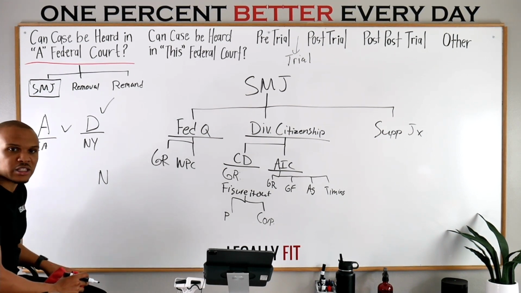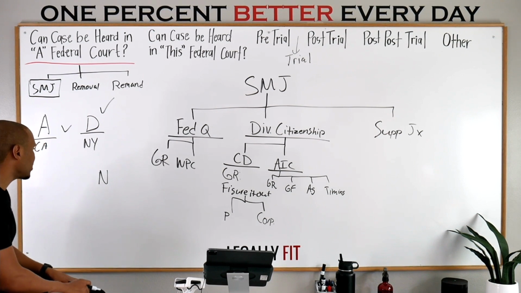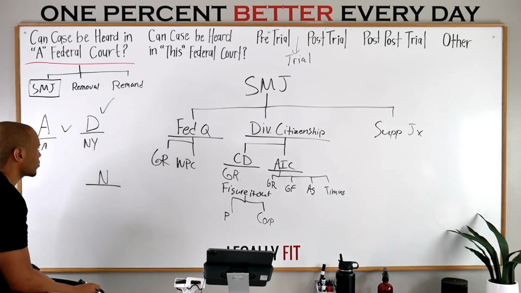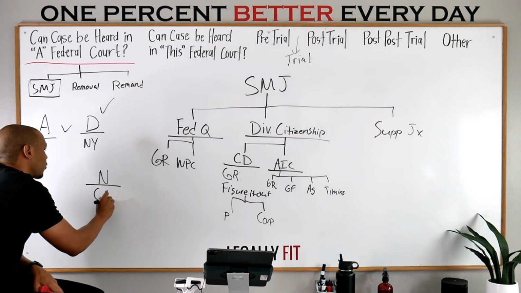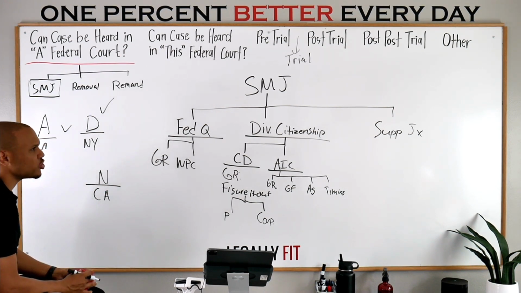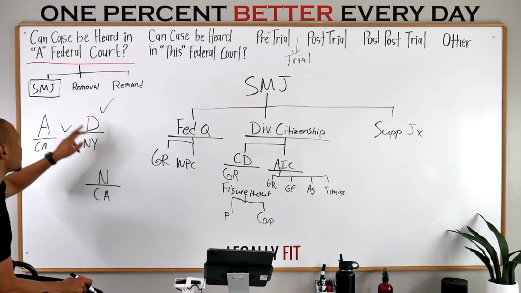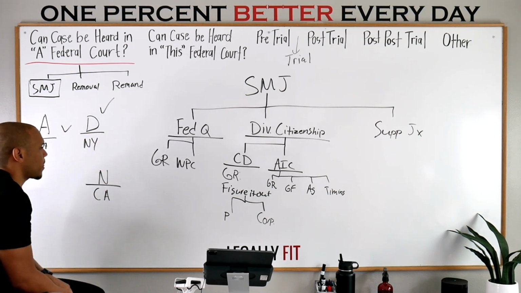All right, let's go back to Max on this one. Max, where was Nicole a citizen of? She was California as well. Now, what's the magic question that we're looking to see if her claim can now latch on to Allison's?